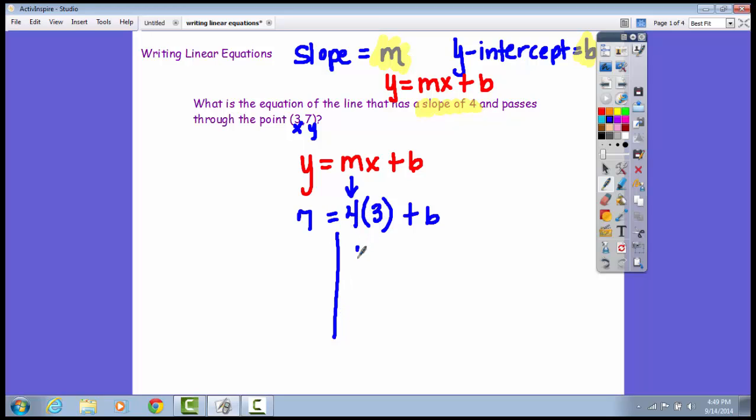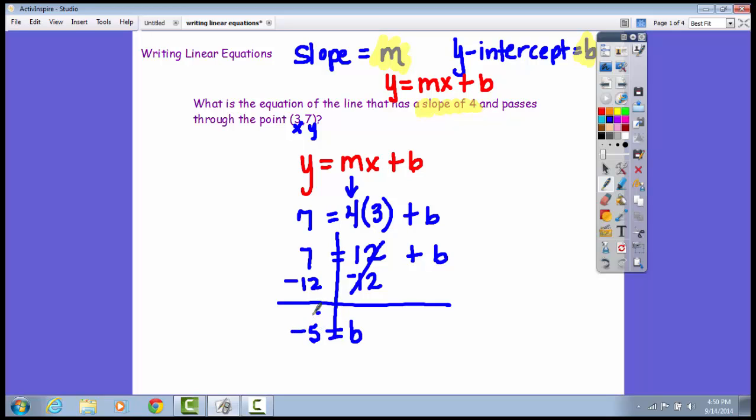4 times 3 is 12. I bring down my 7 and bring down my plus b. Then solving for b, I'm going to simplify or solve this equation by doing the inverse operation of subtracting 12 from both sides, and I will get a b value that is equal to -5.